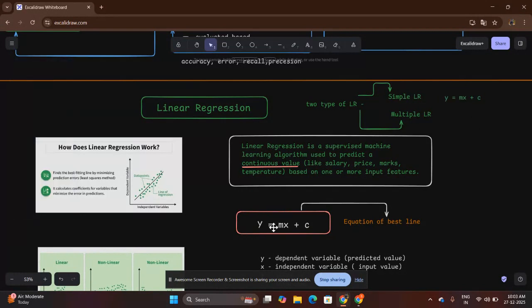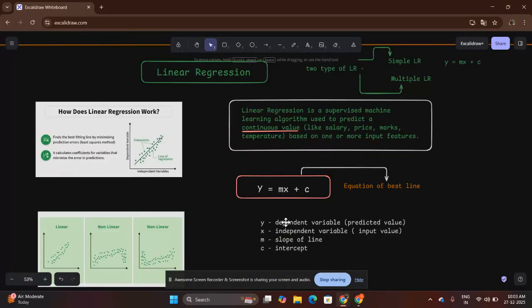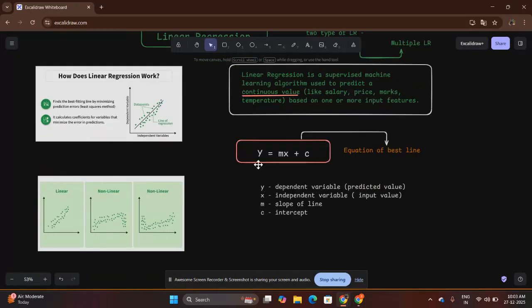As I have mentioned here also, y = mx + c is the simple linear equation. What is y here? The dependent variable or predicted value. What is x in this equation? The independent variable, which is the input value. m is the slope of the line and c is the intercept. So here there is only one independent variable.